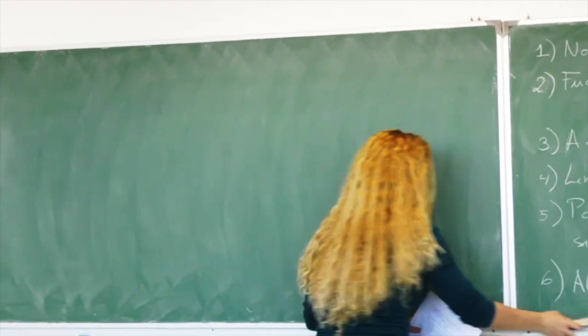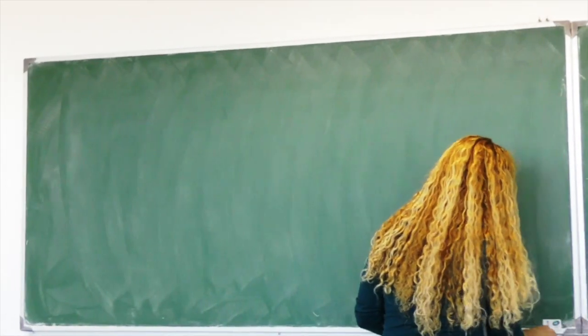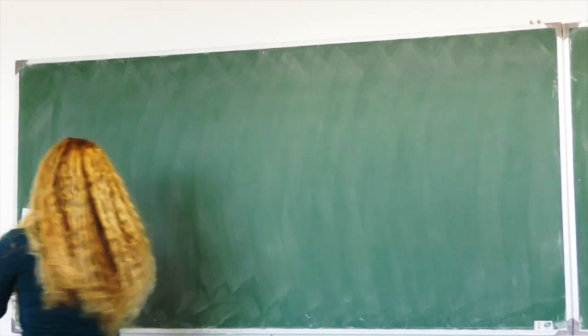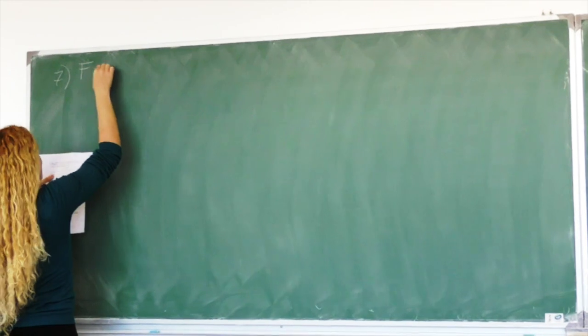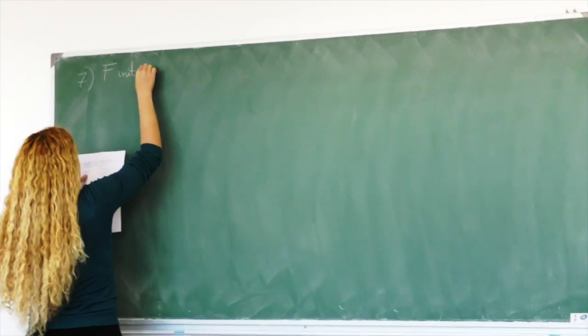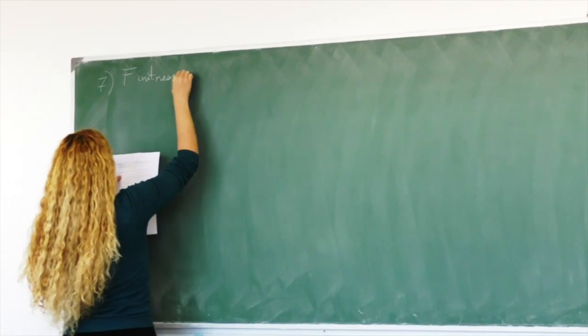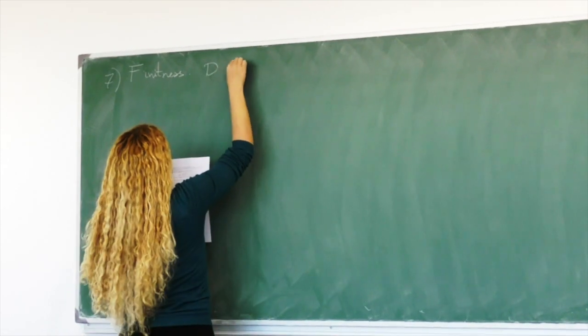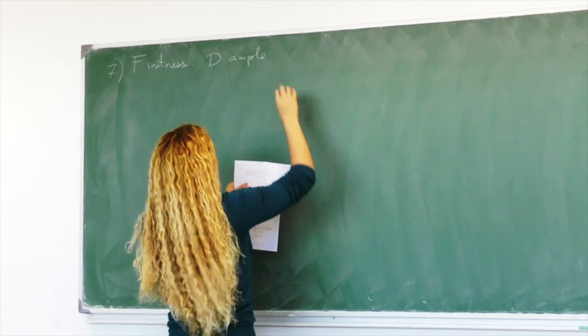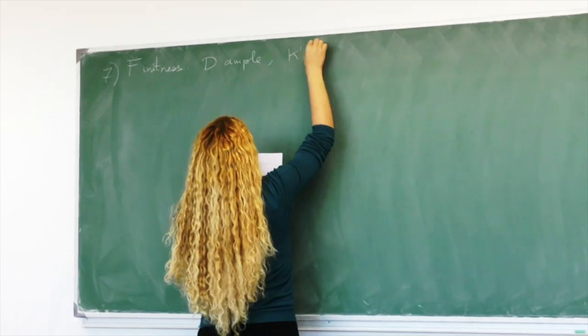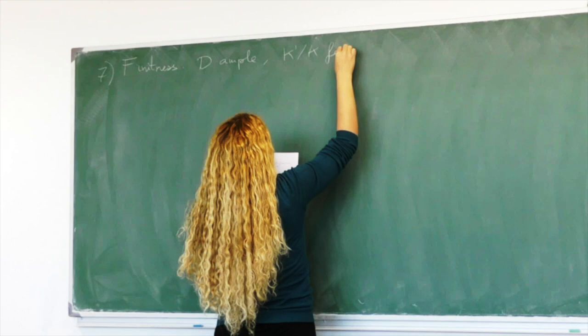I know, many properties. And then you have to prove them. Seven, finiteness. This time we take again an ample divisor D. We take a finite extension of number fields.